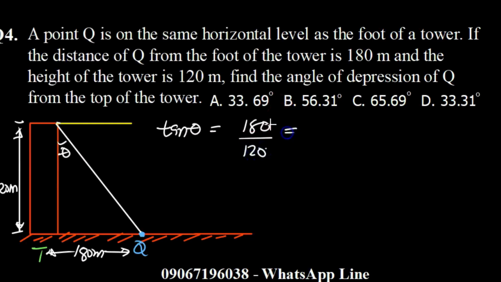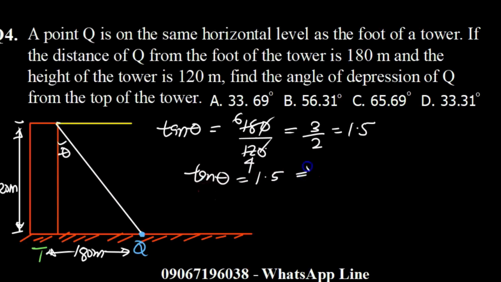If you divide that, 3 goes here giving 6, 3 goes here giving 4, and we get 3 over 2, which is 1.5. So tan theta is equal to 1.5, which is 3 over 2.